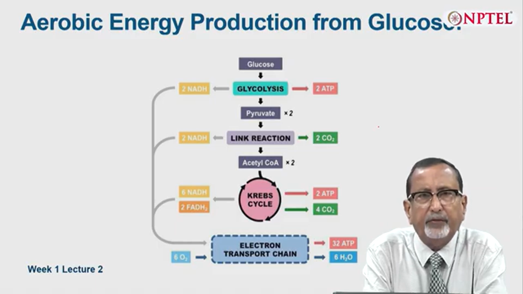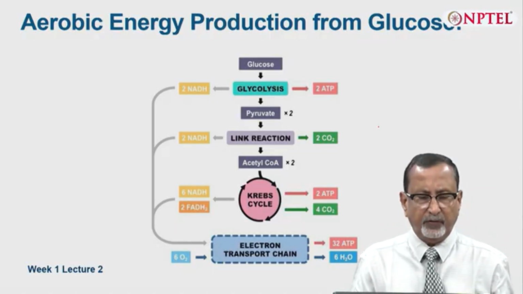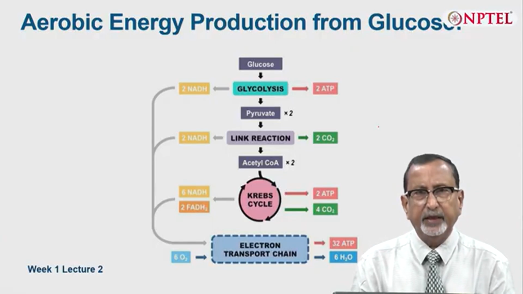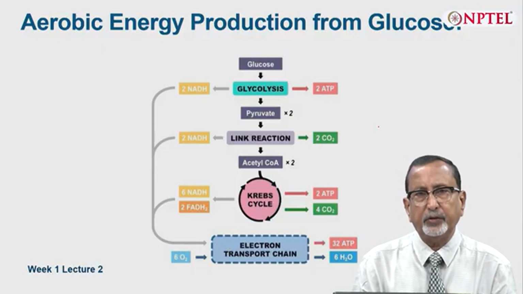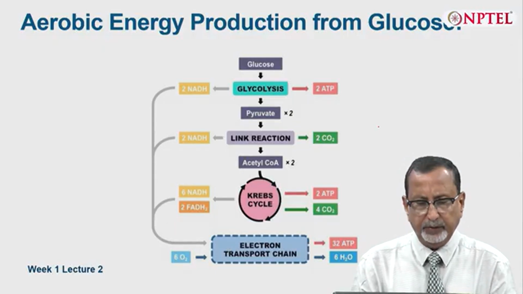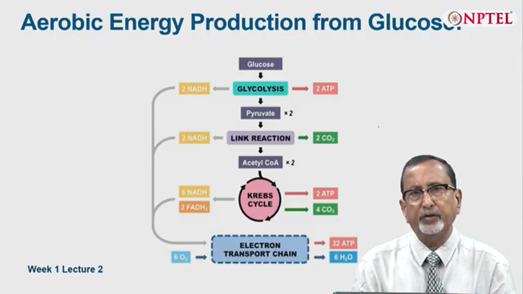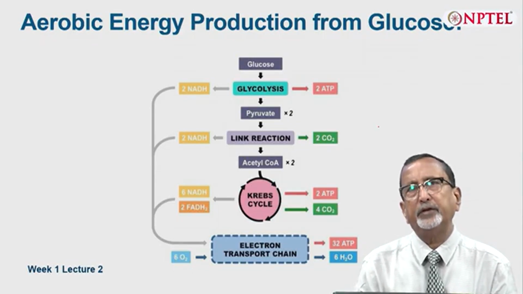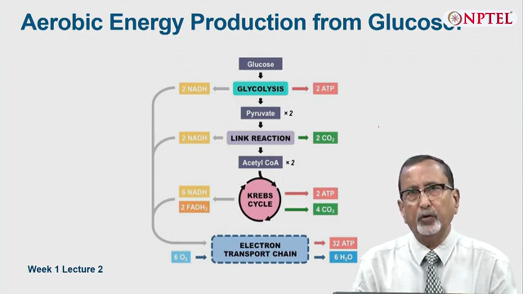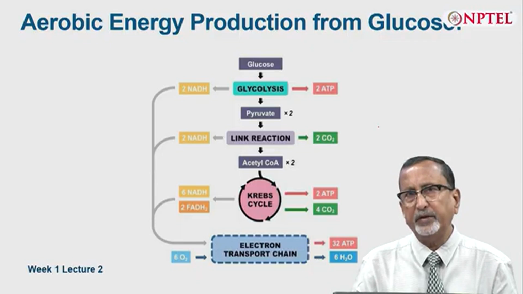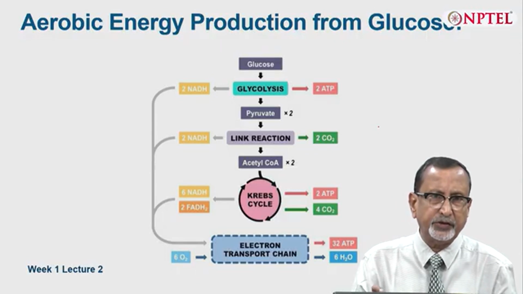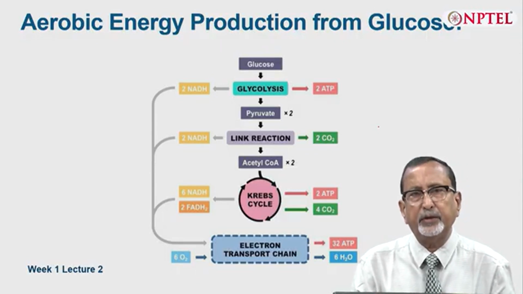When pyruvate is formed, there is a linked reaction, the oxidation of pyruvate, converting it to acetyl CoA, where one carbon is split off, and acetyl CoA is a 2-carbon molecule. Glucose is a 6-carbon molecule, converted to pyruvate, a 3-carbon molecule. Then one carbon is split off again as carbon dioxide, through decarboxylation, and it is converted to acetyl CoA.